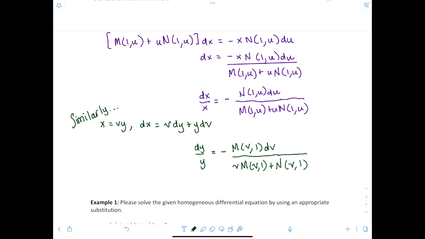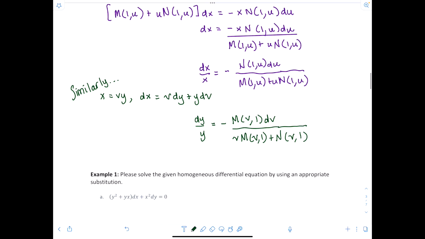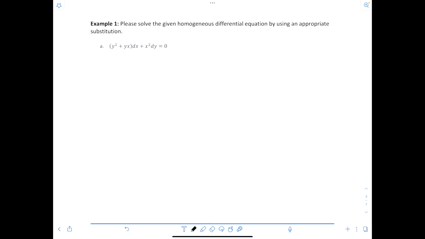Okay? Now let's look at a couple examples. Example 1: please solve the given homogeneous differential equation by using an appropriate substitution. So we're told that this is homogeneous. It's already written in the form where we can identify what M and N are.